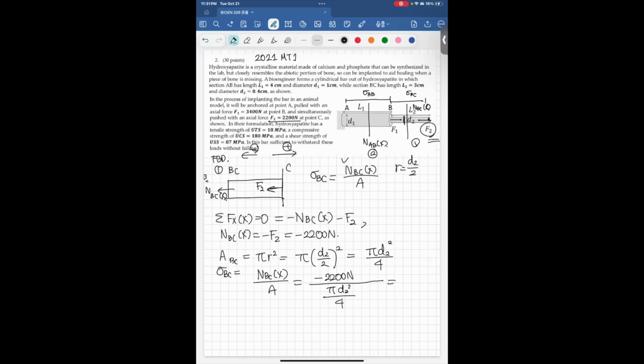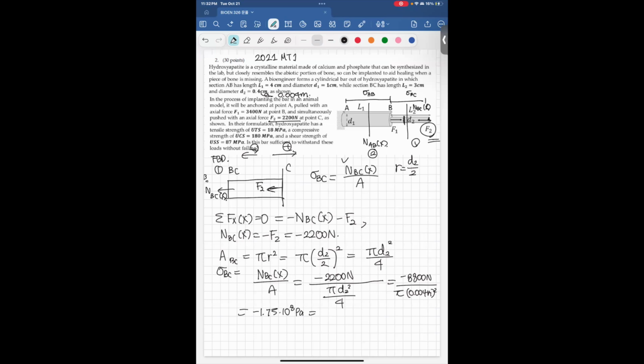Which is negative 2200 newtons over pi d2 squared over 4. We can plug in d2, and d2, by the way, is 0.4 centimeters, which is 0.004 meters, right? So we can plug that in, and we will get a value of negative 1.75 times 10 to the 8 Pascal.